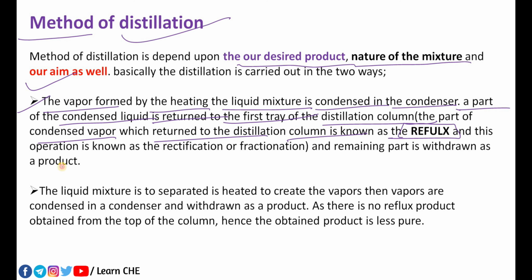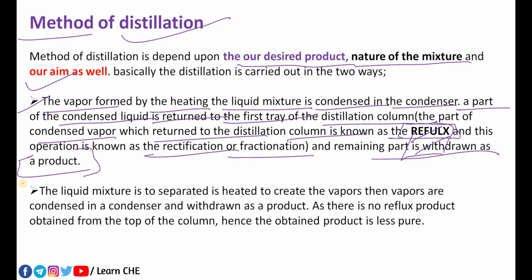This operation is known as rectification or fractionation, and the remaining part is withdrawn as a product. In this process we use a reflux. Why do we use this reflux? To improve the quality of the product and to enhance the purity.